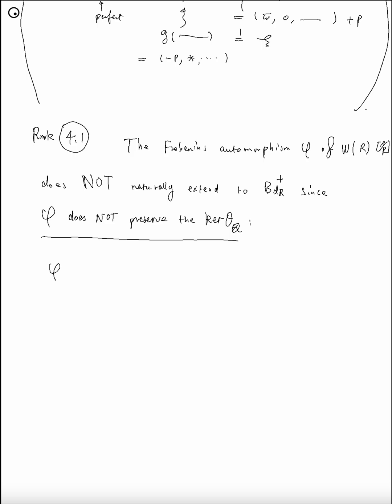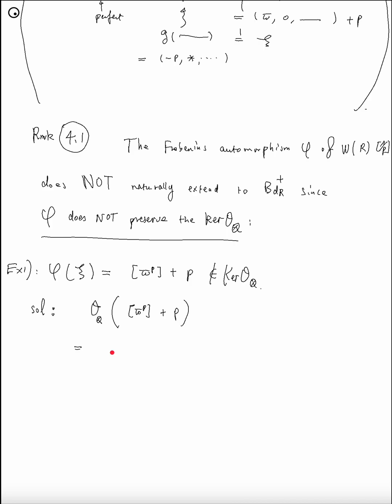The reason is just by computation, we will see a very similar one. The reason is to the p-th power, and then this is not in the kernel of theta_Q. So let me put this as an exercise, first part of the exercise: to show this is not in the kernel. So let's do the computation. You compute theta_Q of this.